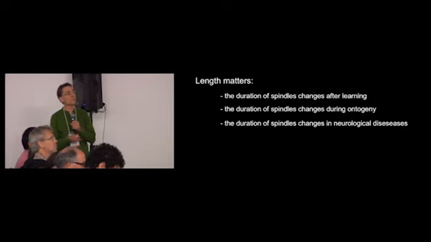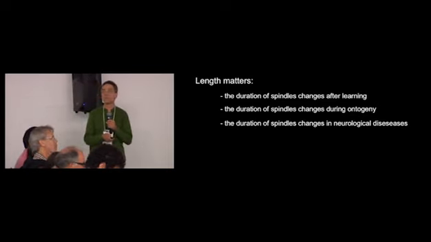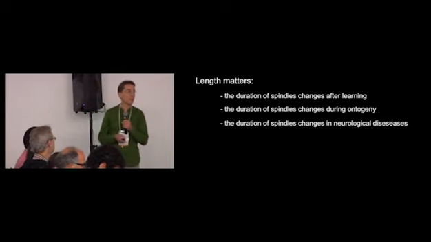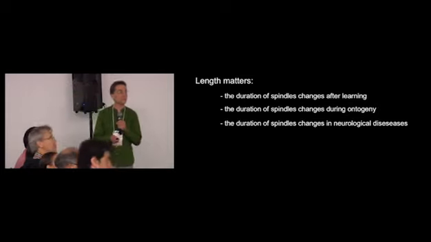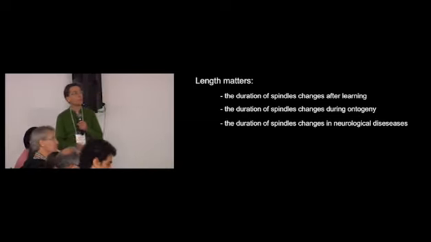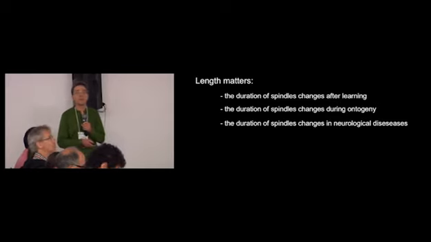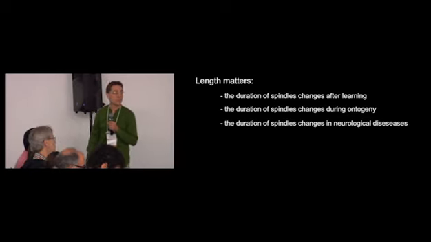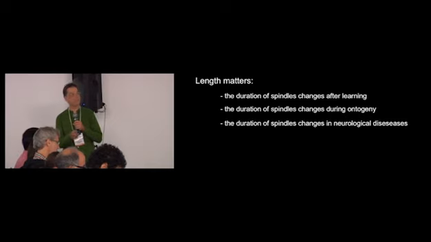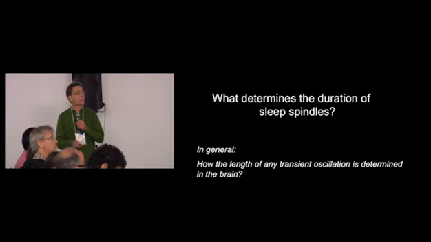Sleep spindles also change a lot during ontogeny. Young adults have much longer spindles, and as we get older, spindles get shorter. I'm not saying whether it has anything to do with learning ability, but this is the fact. Most importantly, the duration of spindles changes in many different neurological diseases, including schizophrenia, mental retardation, and so on.